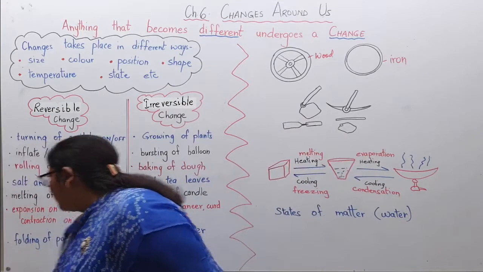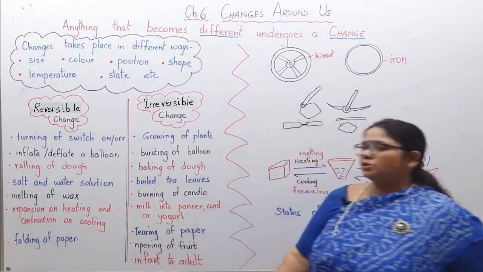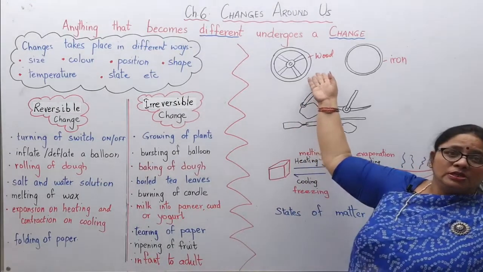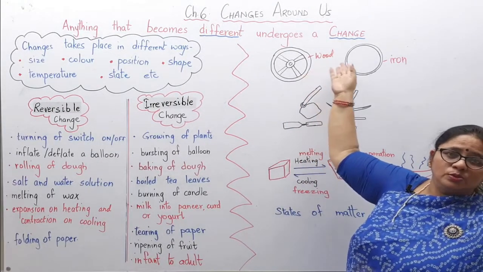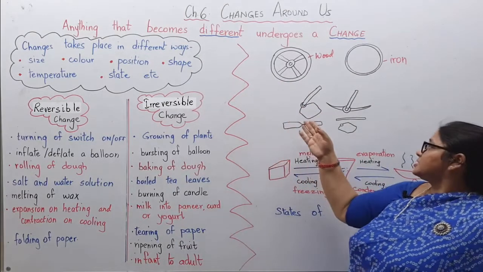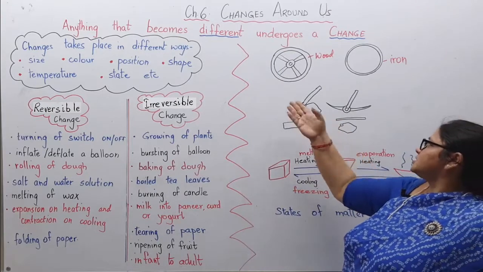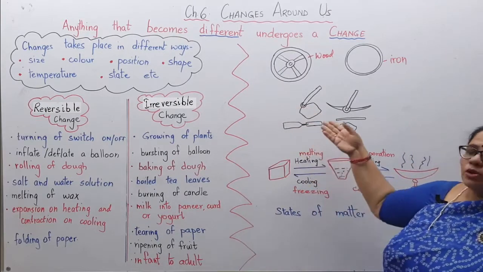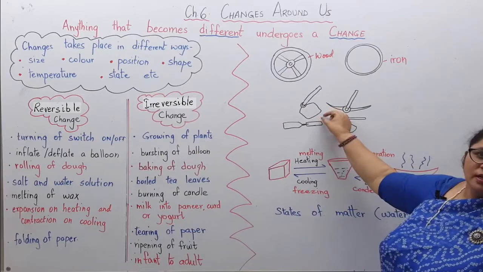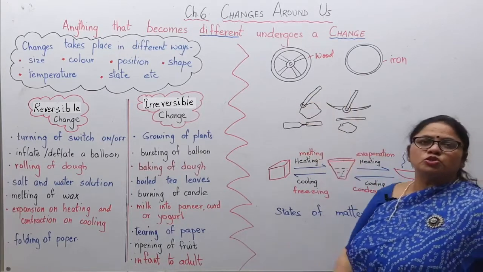Now, expansion and contraction. Expansion on heating and contraction on cooling. I had told you about this wheel, how this iron ring can be fitted in this wheel, isn't it? In the same way, children, these are the tools used by the farmers. You can see the axe, isn't it? These are the iron part of the instrument, and you have to put a wooden stock in it.